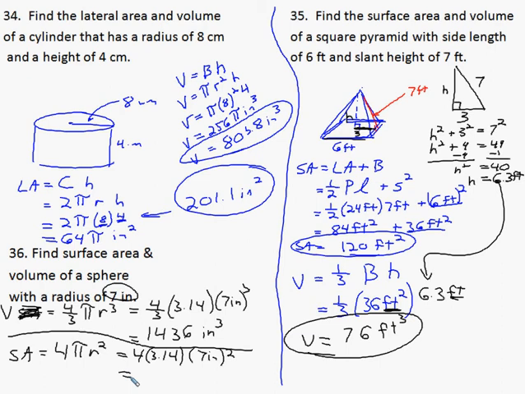So we have 4 times pi times 49, and that gives us 615 inches squared. And that is the surface area of that sphere. And so, again, for these three, make sure you can recognize the formulas so you can plug in the right numbers.